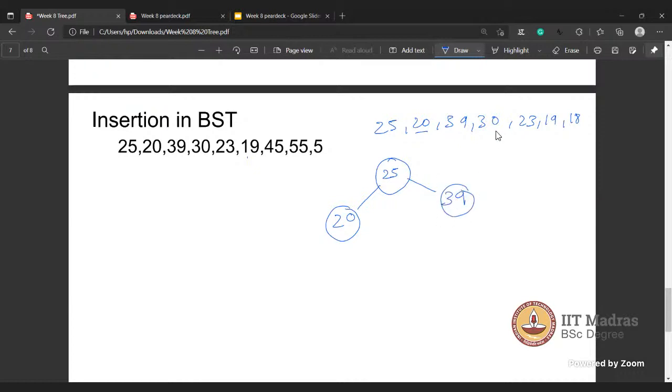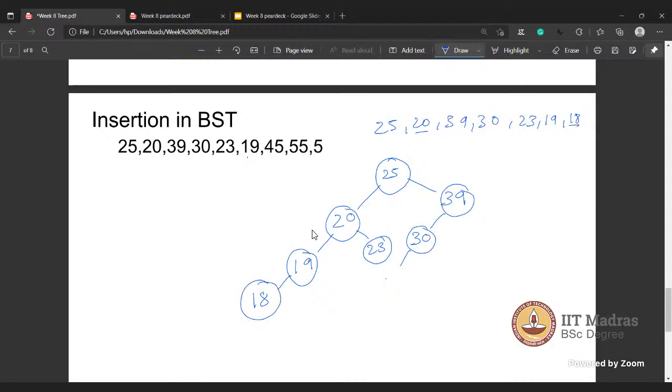Then 30, left side of 39. Then 23 is less than 25, so left side, right side of 20. Then 19 would be left side of 20. Then 18, left side of 19.